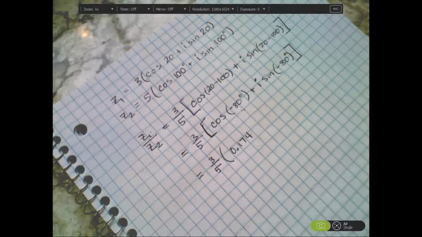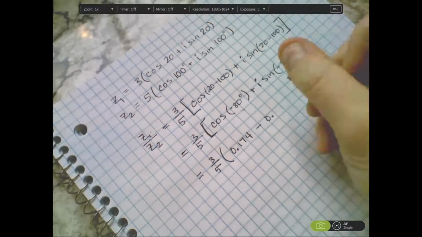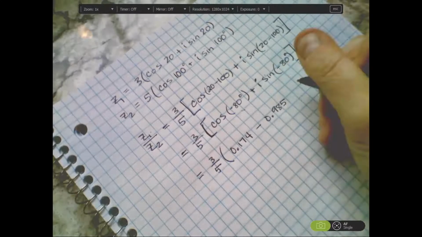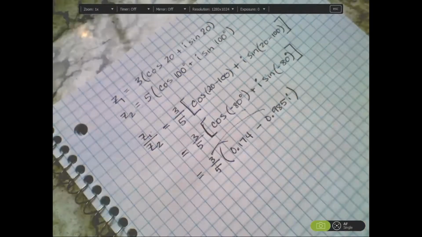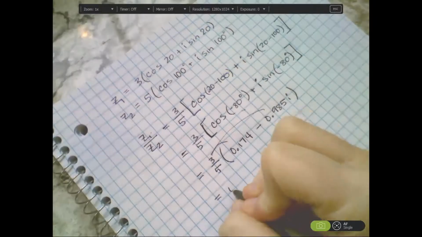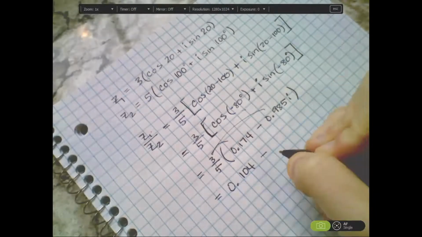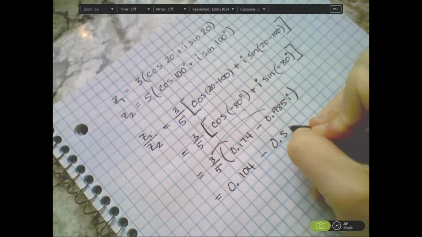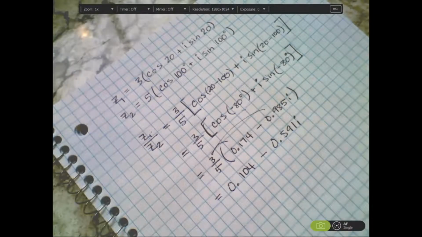And then if I do sine of negative 80, that's going to give me negative 0.985 if I round, and then I'll have my i. And then I can distribute my 3/5 to that. And we should end up with something along these lines. 591 i when we divide them.